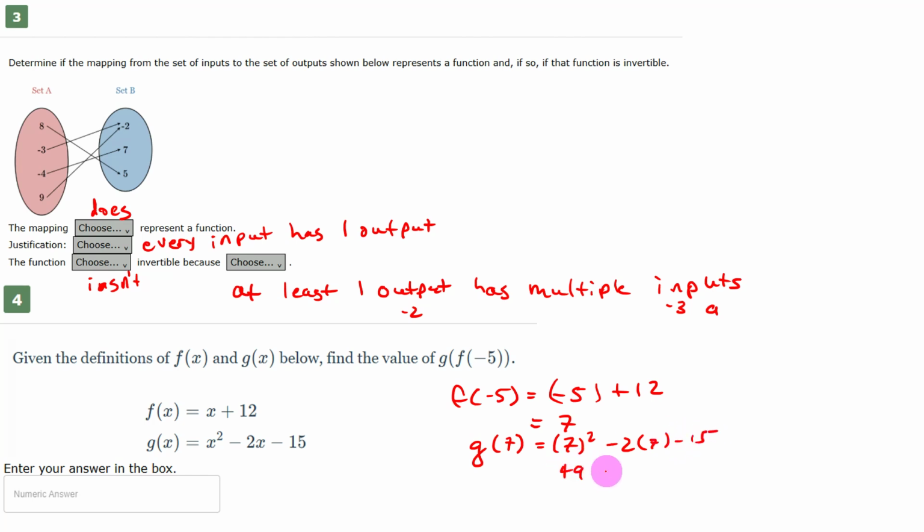So 49 minus 14 is 35, minus 15 is 20. So there you go, 20. You just plug negative 5 into f, and whatever comes out of that, you plug into g.